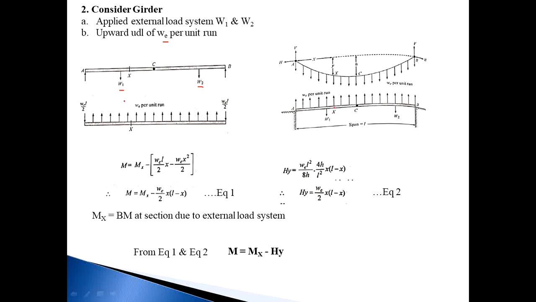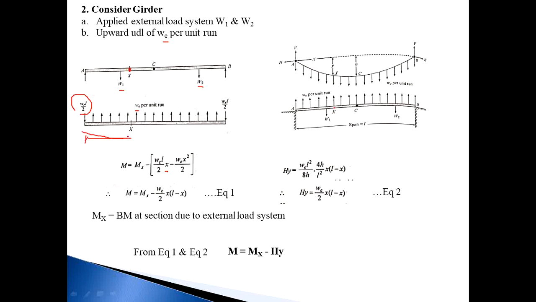So consider the bending moment with respect to x. Force into distance, that is WEL divided by 2 into x, this is due to this reaction. Then due to UDL, what is the intensity of the UDL? WE into x, this is the x distance.